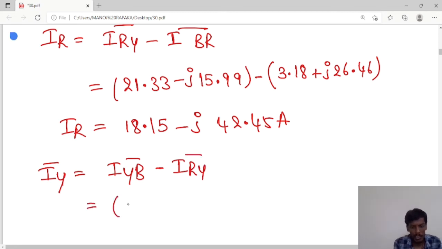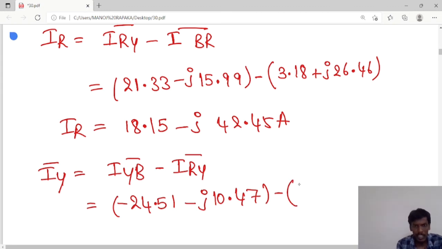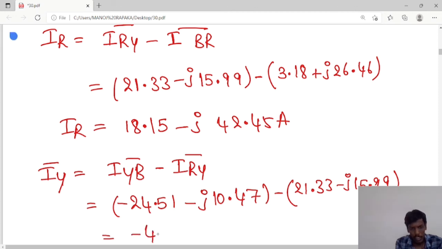IYB is minus 24.51 minus j10.47, and IRY is 21.33 minus j15.99. So IYB minus IRY is minus 45.84 plus j5.52 amperes. This is the IY value.